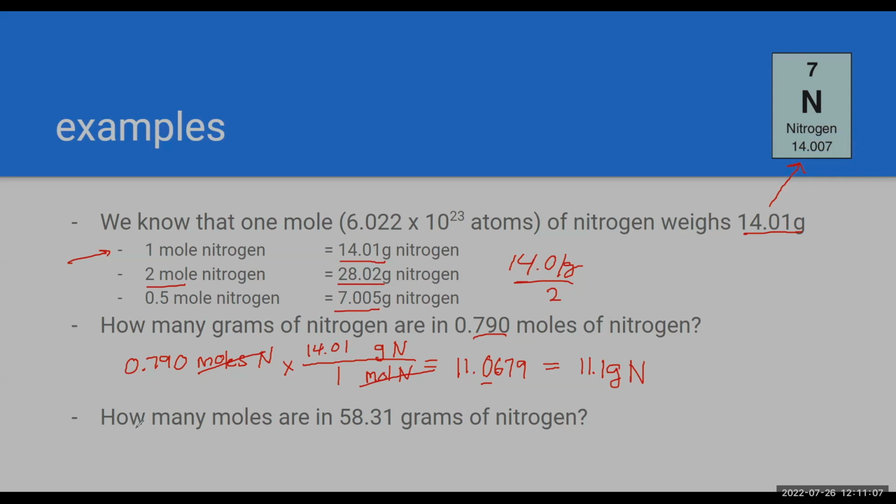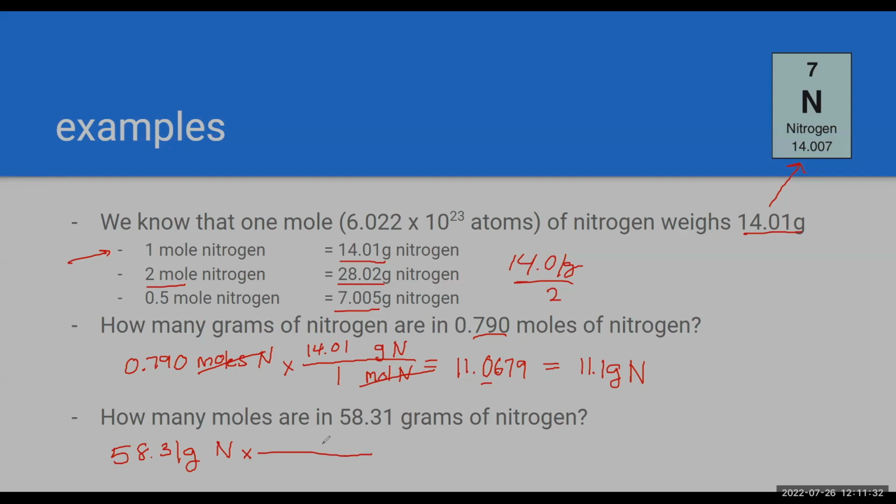And so our next example, we have how many moles are in 58.31 grams of nitrogen. So once again, I'm going to start with our given. So we have 58.31 grams of nitrogen. And we are looking for our units to be in moles.